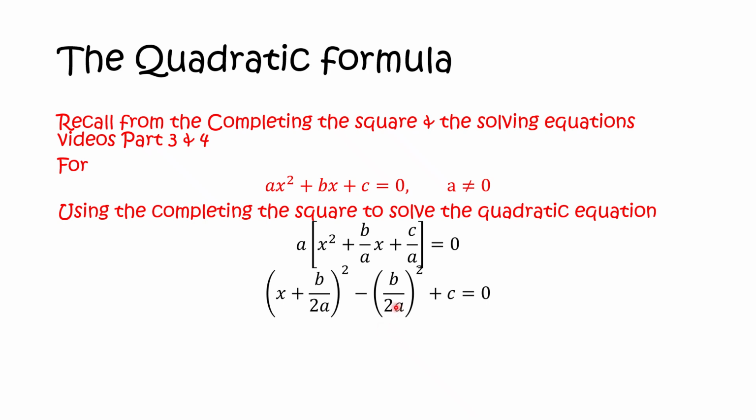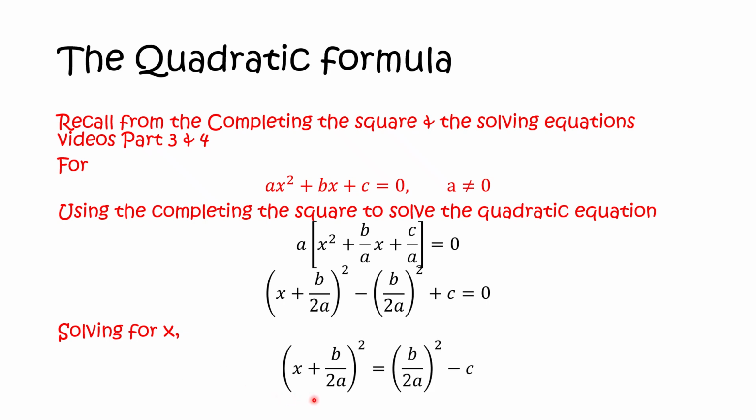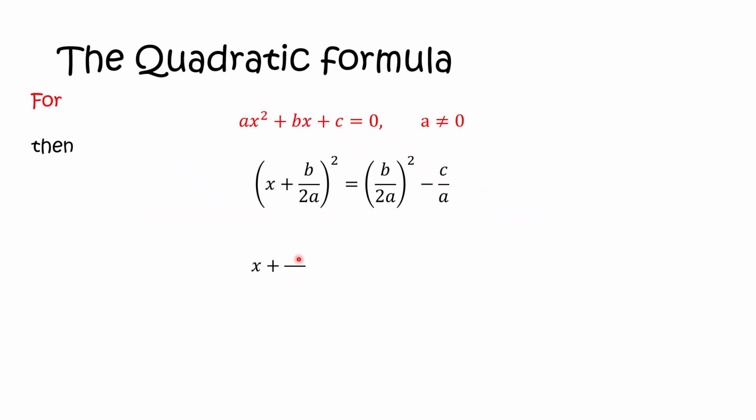Now, if we move on to solve for x, we would take all the other terms to the right hand side, that is the b over 2a squared minus c moved to the right hand side. Continuing then, we would have x plus b over 2a being equal to plus or minus the square root, because that's how we remove the square of what we took to the right hand side.